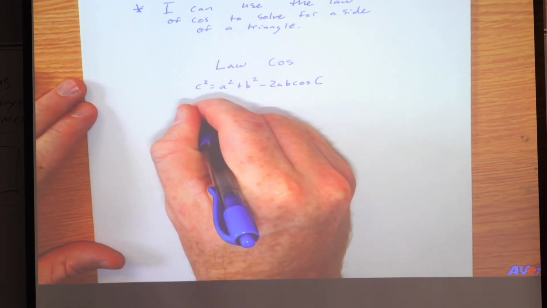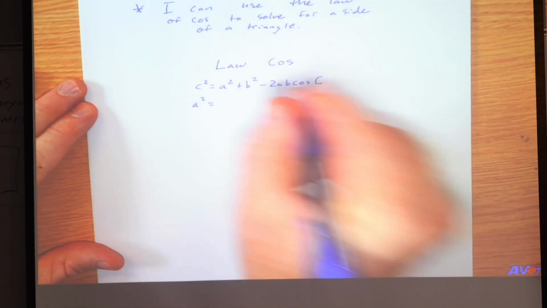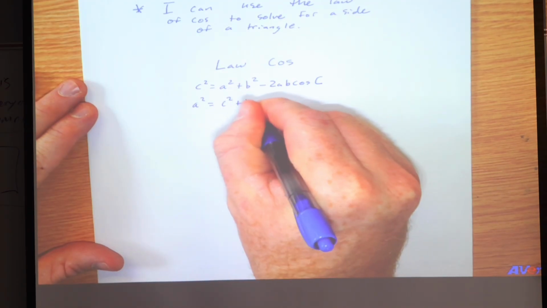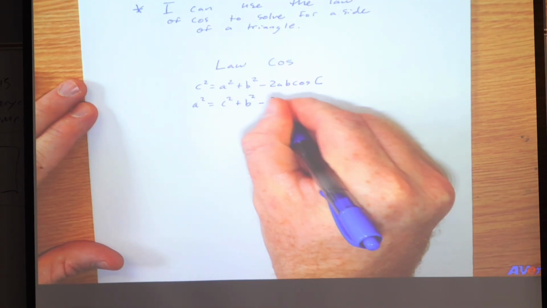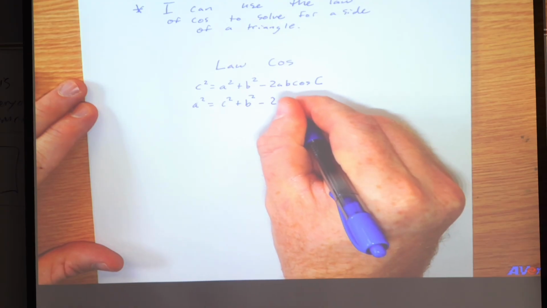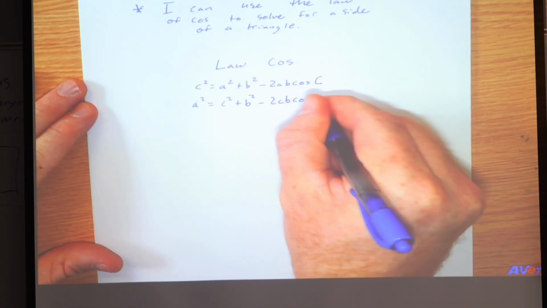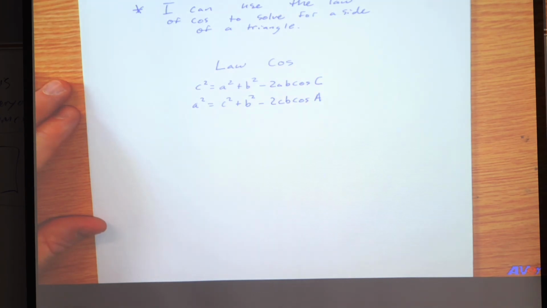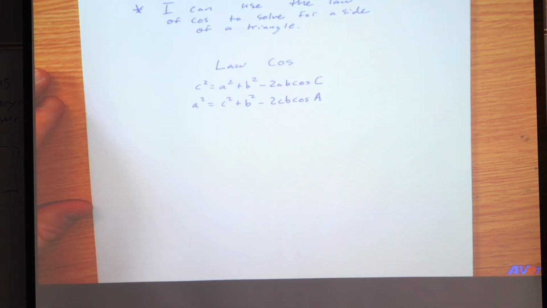I would go a squared equals c squared plus b squared minus 2 times c times b times the cosine of A. In which case I ask the students, why would I do this?